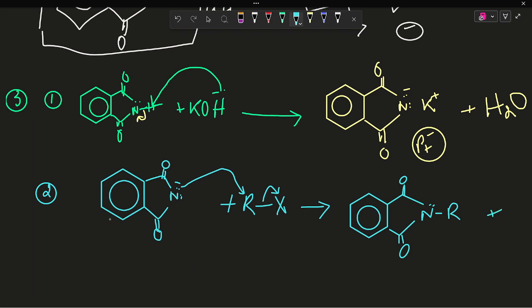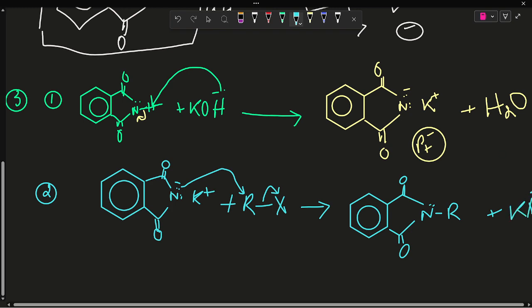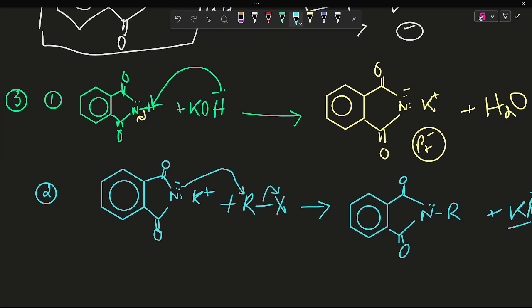Plus, here was K positive, and that K positive gets linked with halide X negative to form KX, potassium halide, which can be potassium chloride, bromide, or iodide. That's not our product of concern. Our product of concern is this, the product of the second reaction.